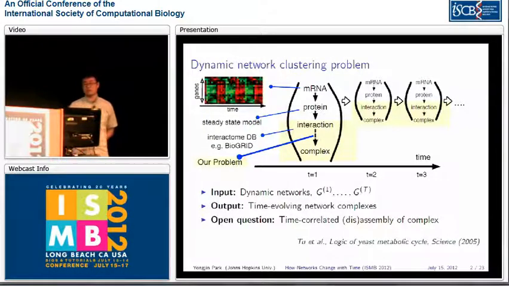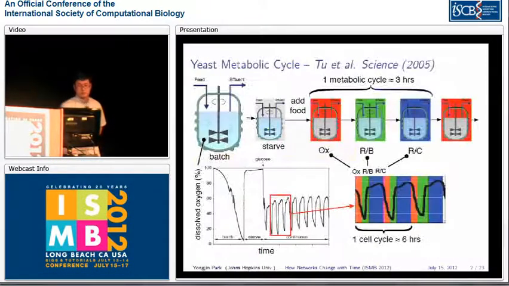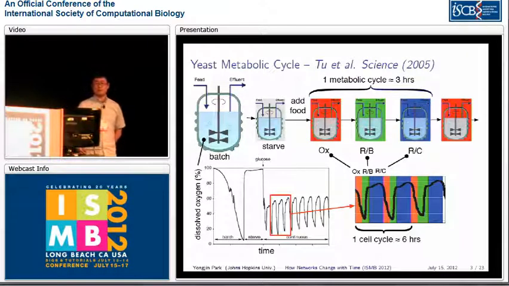The open question is, when we look at these dynamic complexes, is there time correlated assembly or disassembly of these complexes? The motivating data set was the yeast metabolic cycle, published in Science by Tu et al.